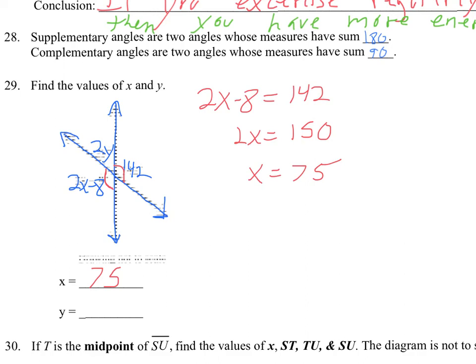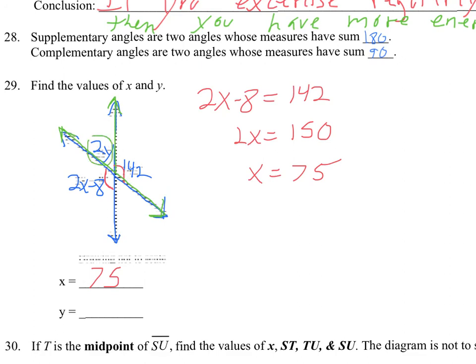Now I also know that these two angles form a linear pair. And a linear pair means that their sum is equal to 180 degrees.